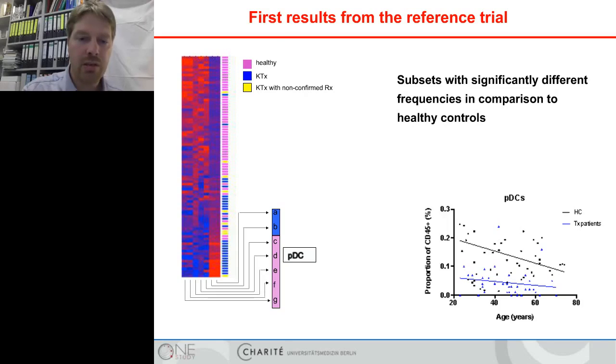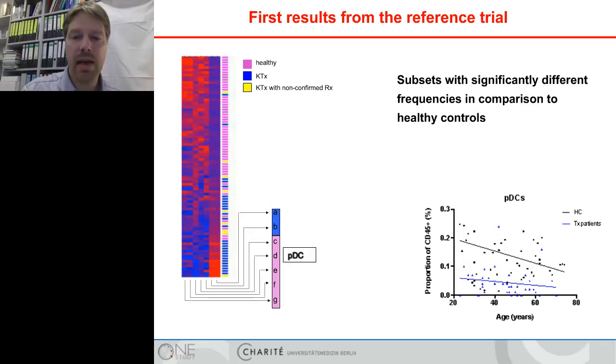In the patients at the time point prior to transplantation, you find a decrease of almost 7 main populations, including also the PDCs, and you found an increase for 2 of these populations here.